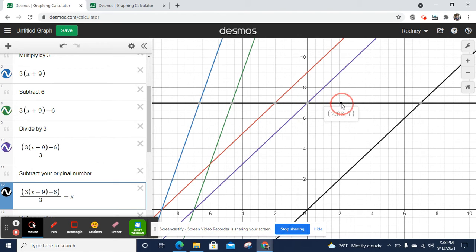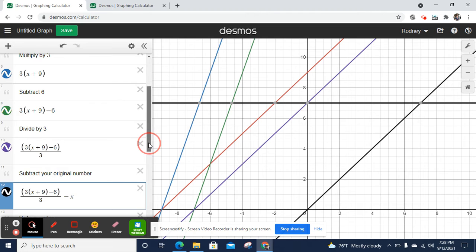Whatever x is, it does not matter what x is, no matter where I drag my cursor around on this thing, y is going to be 7, no matter what number I picked. So what I have just established is that all of this business gets rid of x and leaves me with one particular number, the number 7.